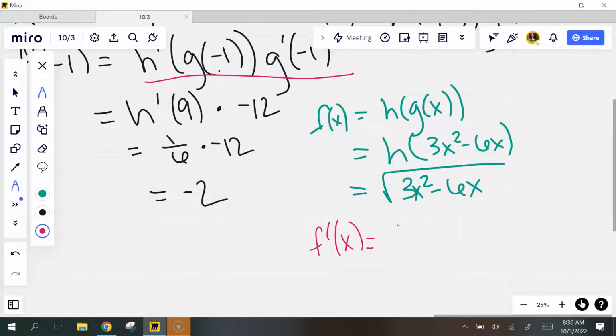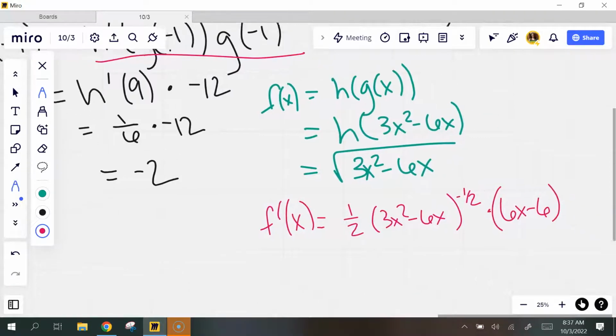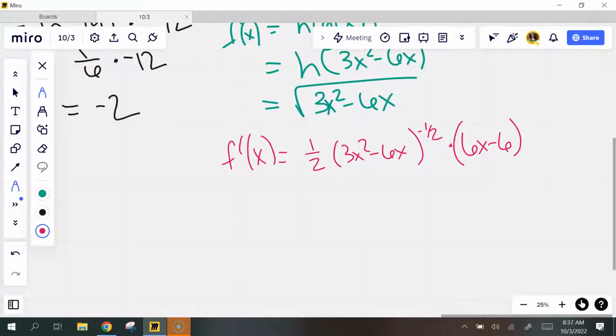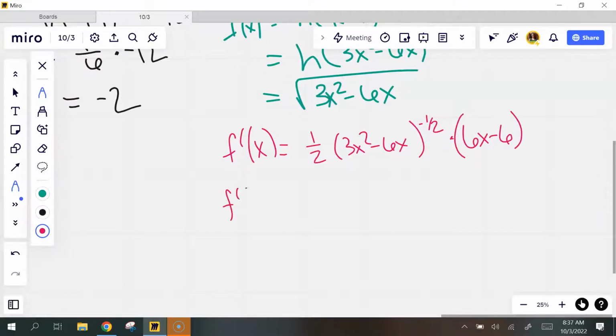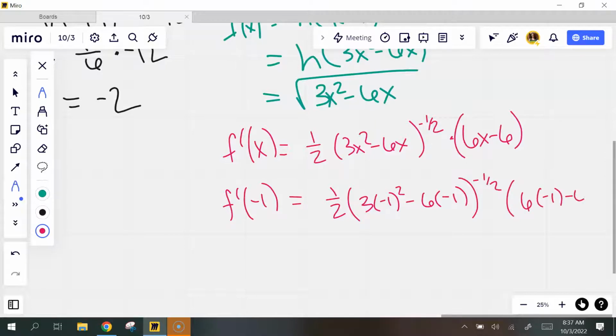We'll do power rule first, so 1/2 times 3x squared minus 6x to the negative 1/2, and then chain it. And now I'll find f prime of negative 1. 1/2 times 3 times negative 1 squared minus 6 times negative 1, to the negative 1/2, times 6 times negative 1 minus 6.